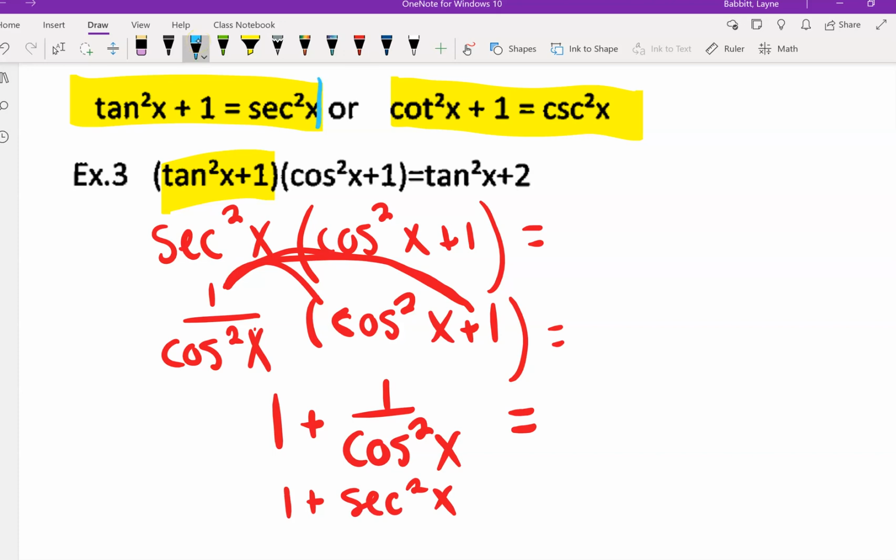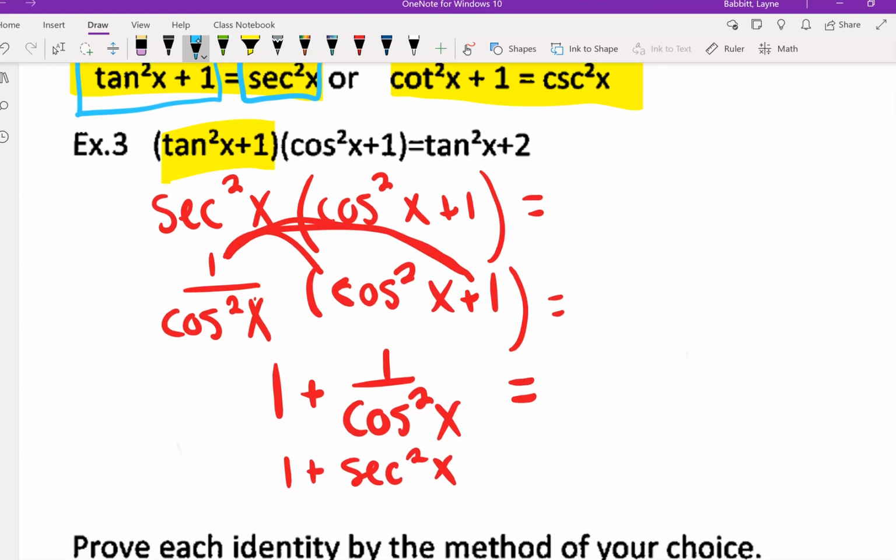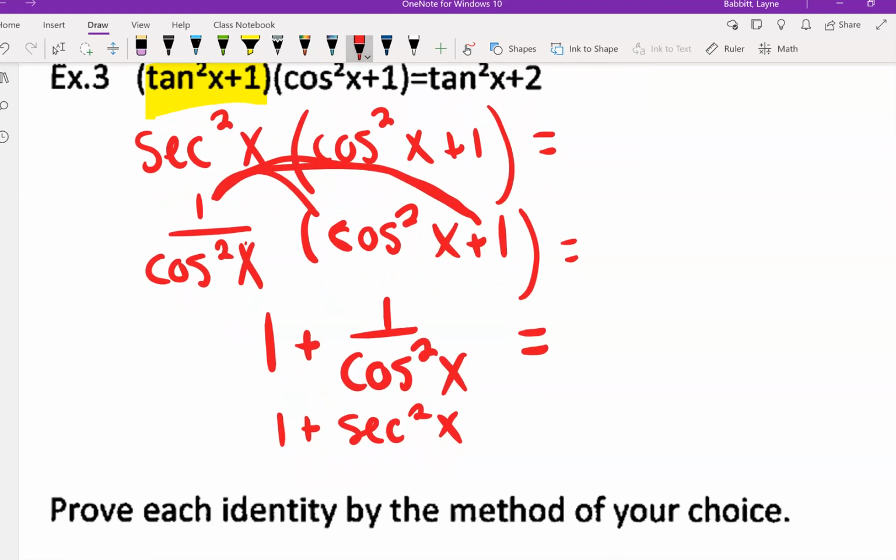And then if you look up here, secant squared x can be replaced with this, tangent squared x plus 1. So I'm going to leave that 1 the same, but then secant squared x I'm replacing with tangent squared x plus 1.